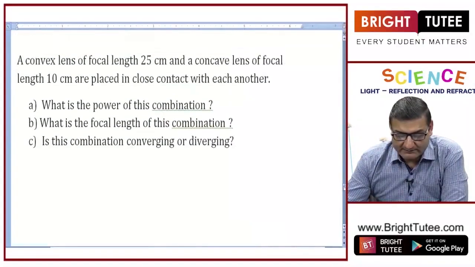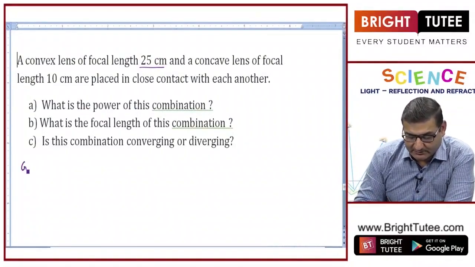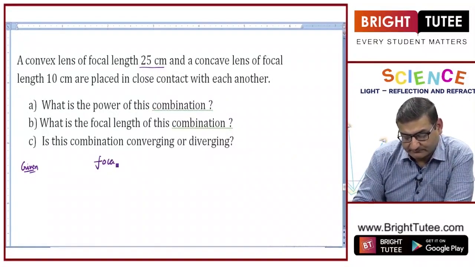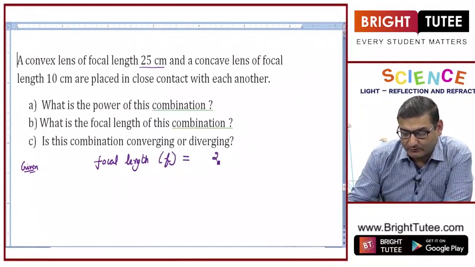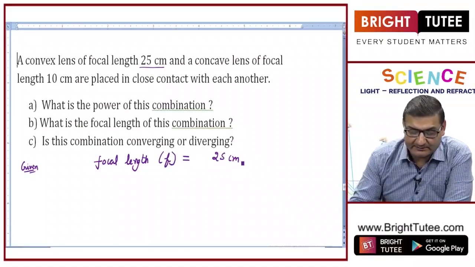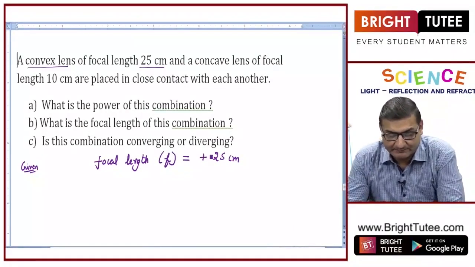Now, what is given in the question is a convex lens of focal length 25 centimeters. Given to us is the focal length of the lens, small f, equal to 25 centimeters, and since it is a convex lens, the focal length will be taken as positive.